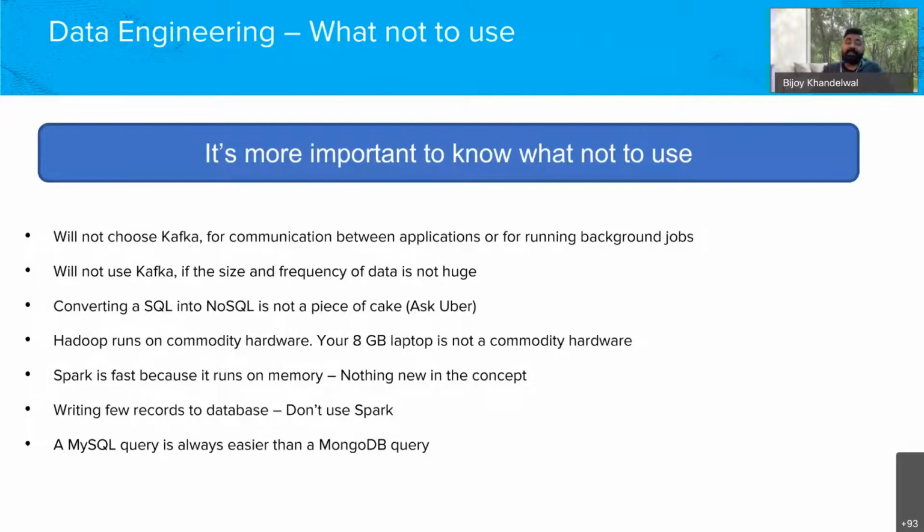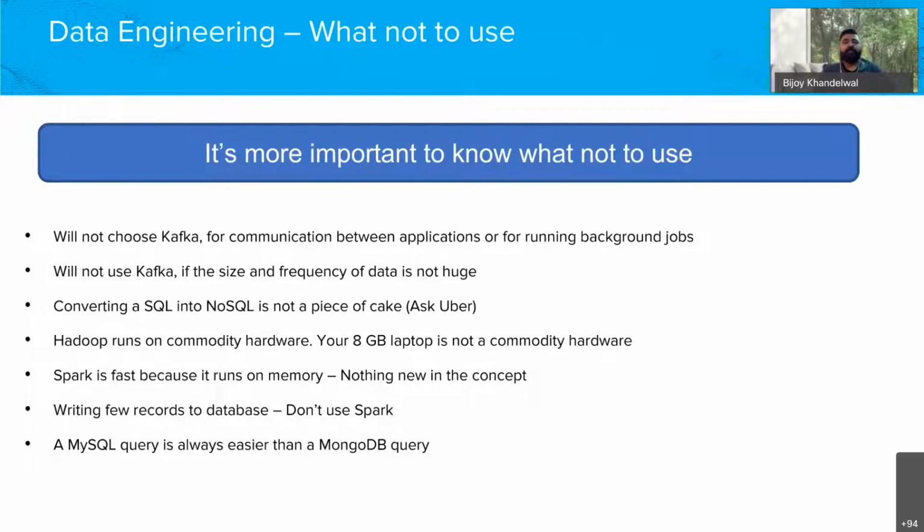What I say is it's more important that you know what you should not use. And that's what affects the most. For example, if you have an application with communication between the modules inside it, I'll never go for Kafka. It's an overkill.